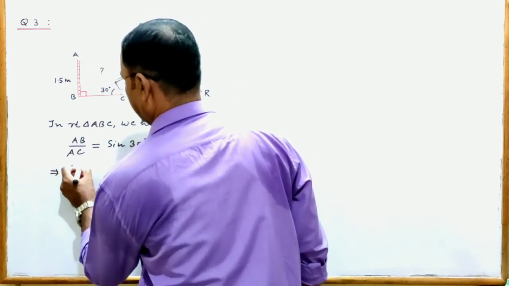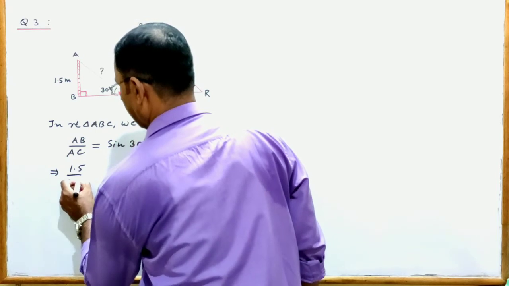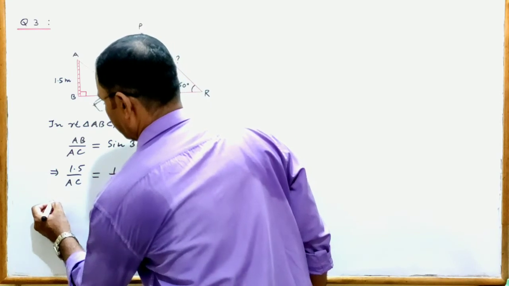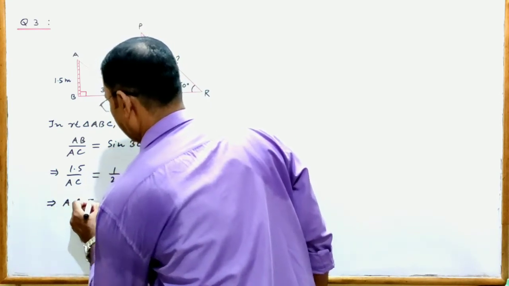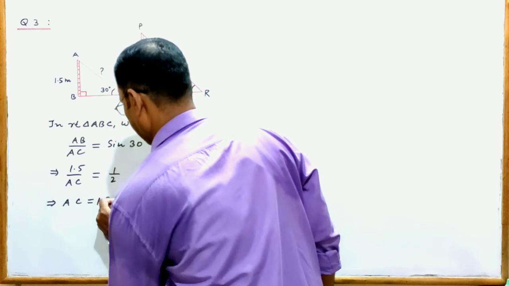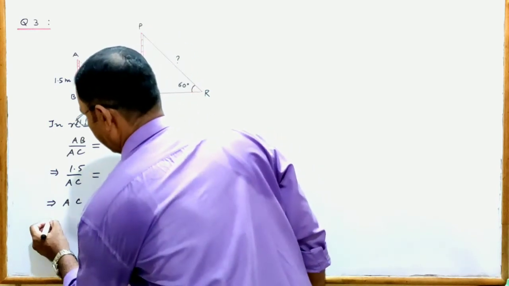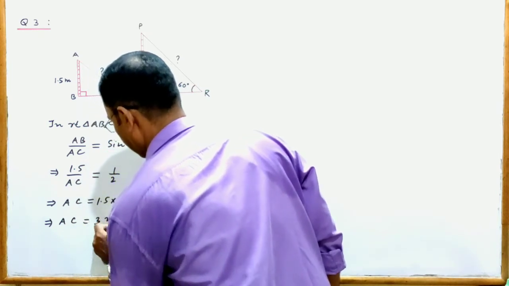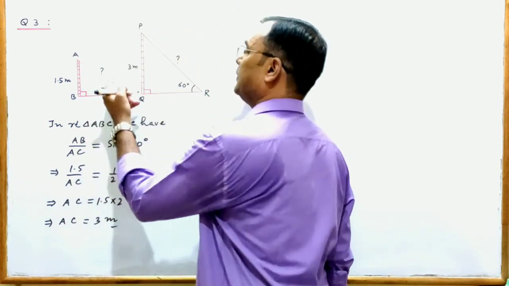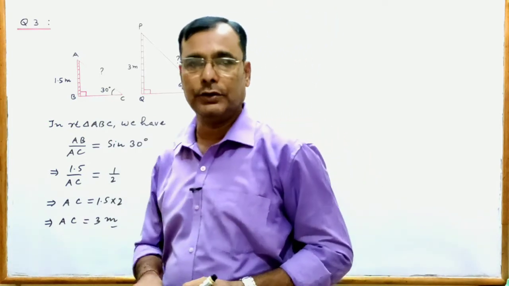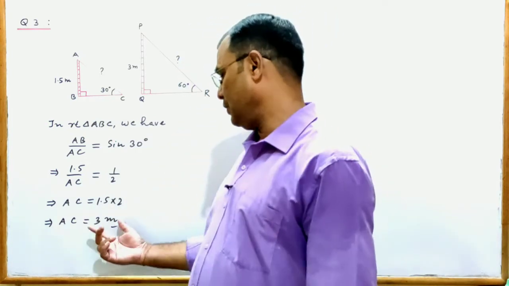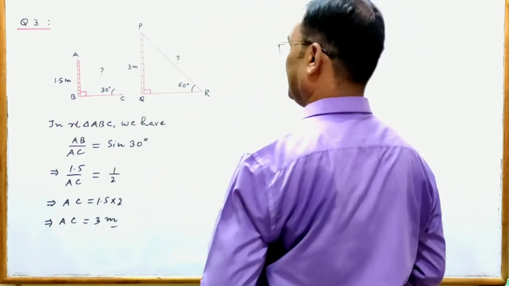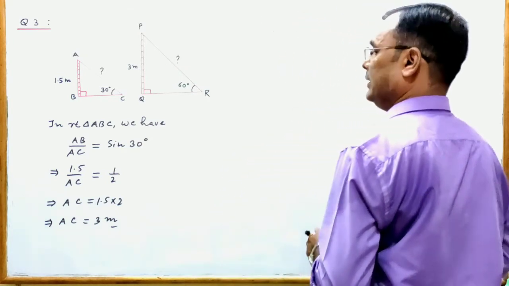AB is 1.5 meter by AC is equal to 1 by 2. Cross multiply, AC is equal to 1.5 into 2. So AC is equal to 3 meter. So length of this first slide for the children below the age of 5 years is equal to 3 meter. Now let's find the length of the slide for the elder children.